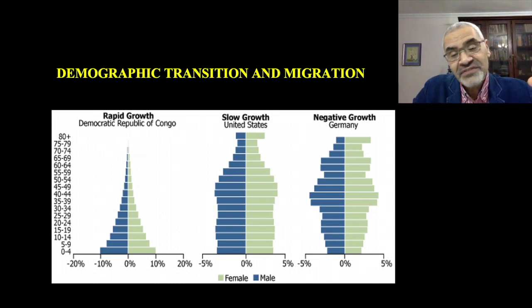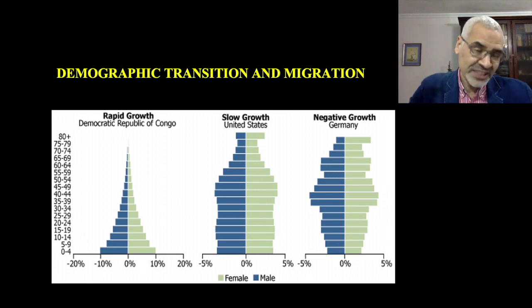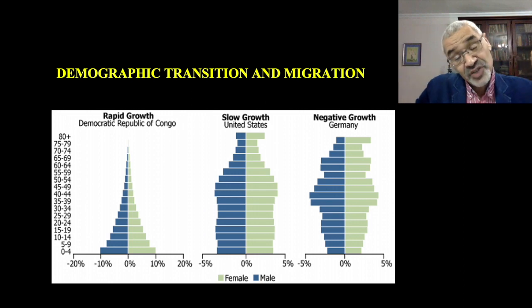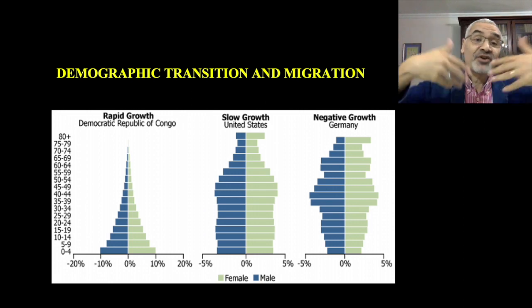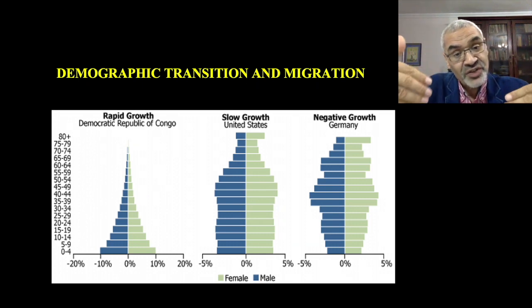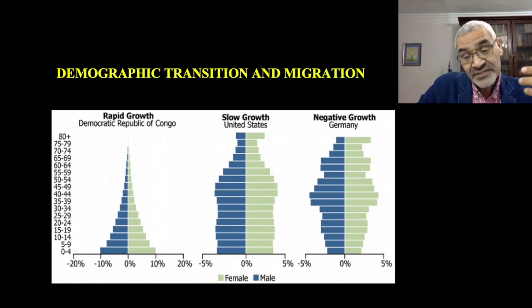Also you can find that the top of the pyramid of the Democratic Republic of Congo is very slim, given that the percent of the elderly is very low because life expectancy is low, because of the health services and nutrition, which are not like developed countries. So this is how to read the population pyramid.